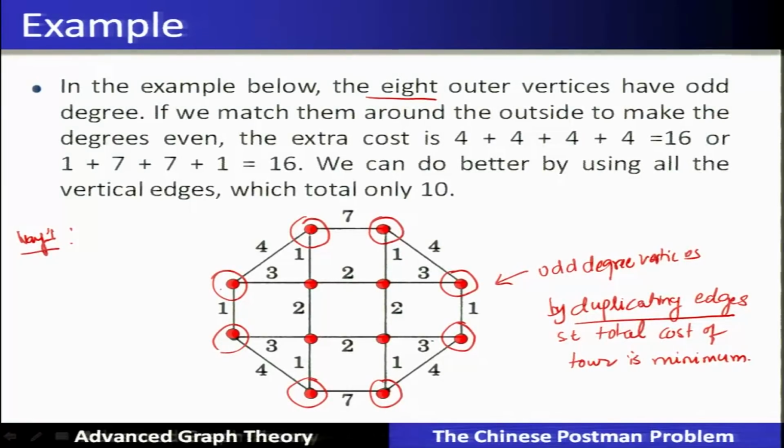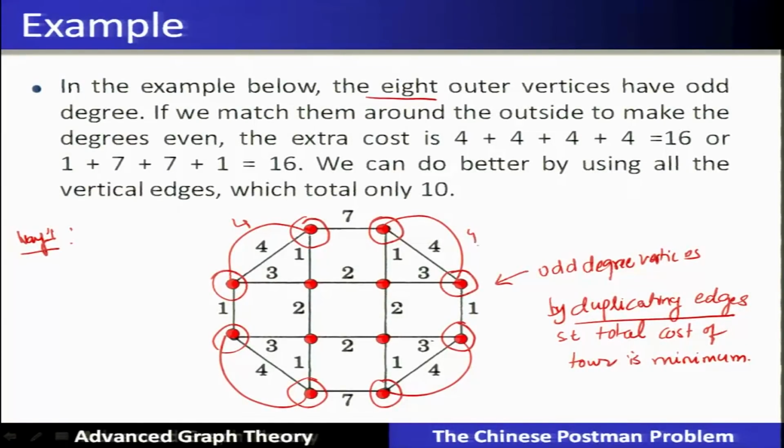So these two vertices, for example, are odd degree. If we match this particular edge of length 4, then you see that these degrees will become even. Similarly, if we match this, this, and this.